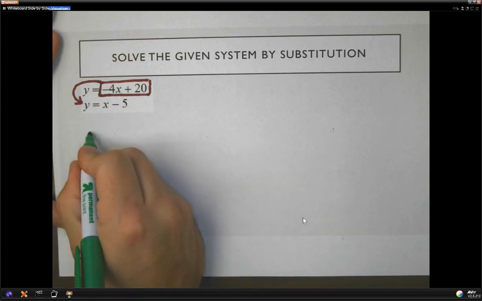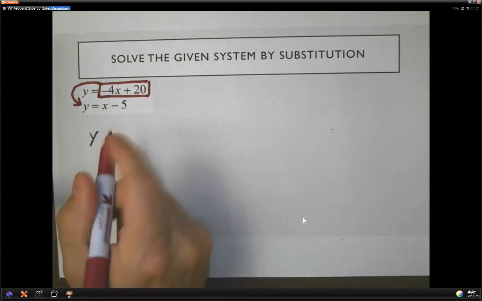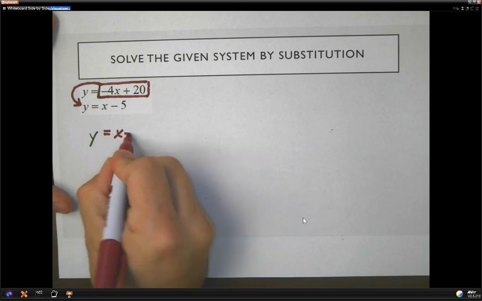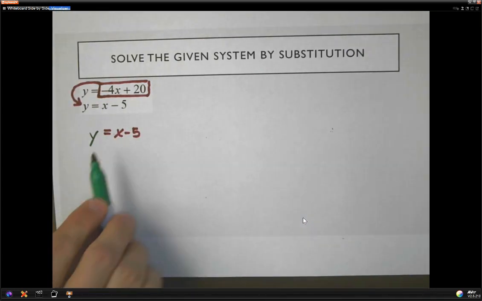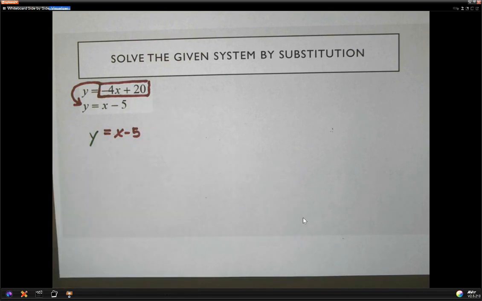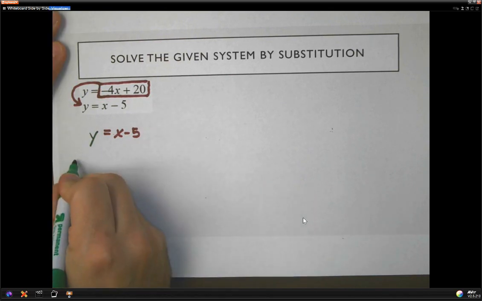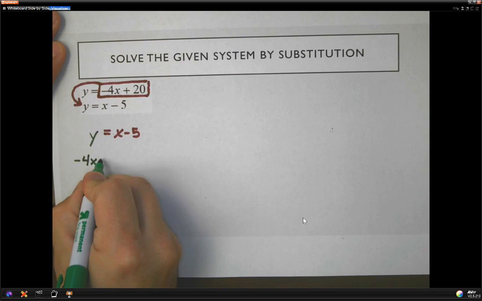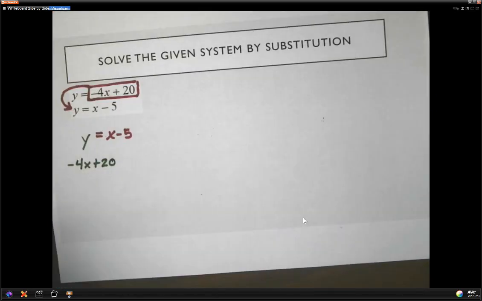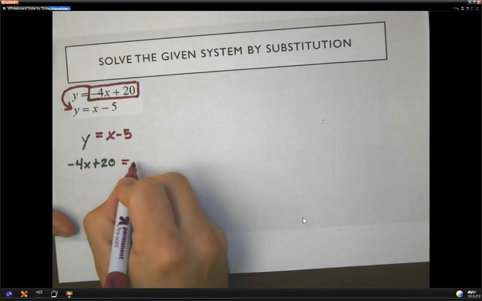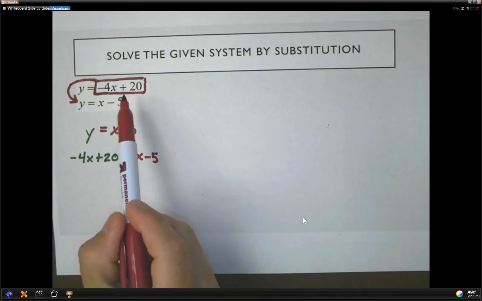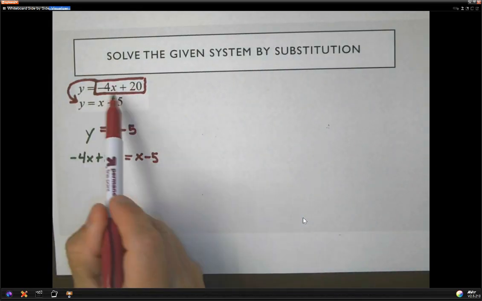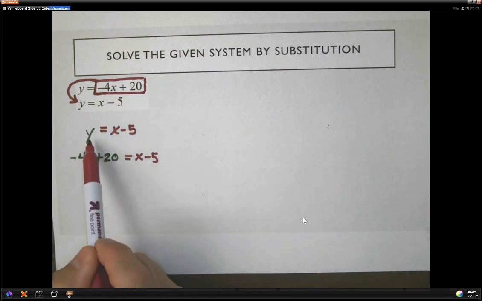So we're taking the second equation, and replacing that y with what y is equal to in the other equation. So we have negative 4x plus 20 is equal to x minus 5. We substituted what y was equal to into the other equation for y.